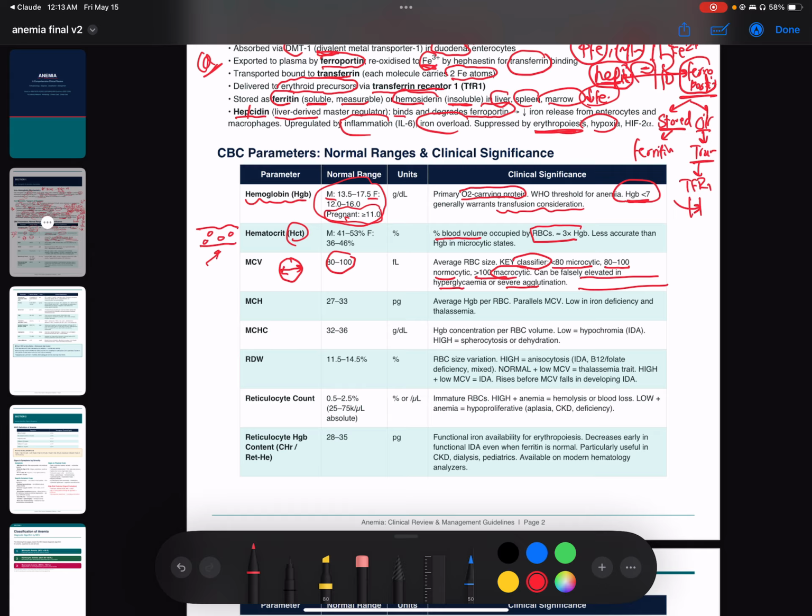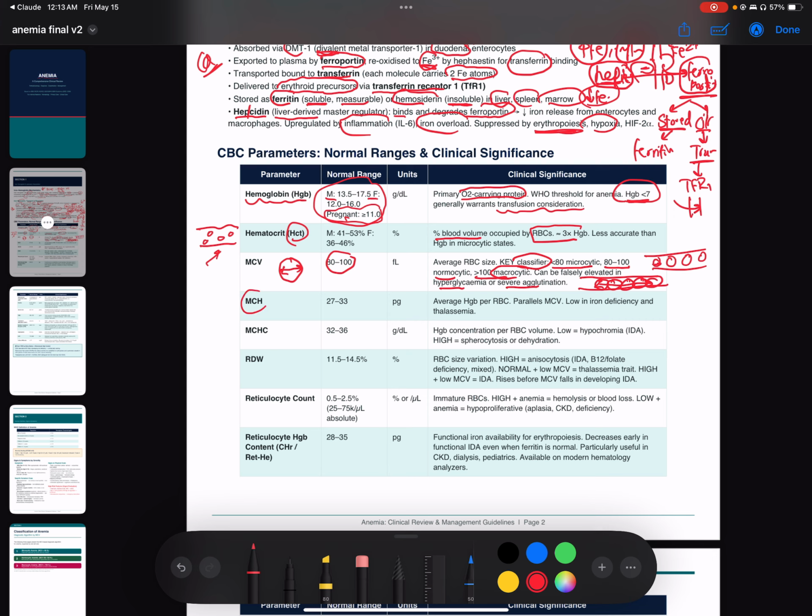So if the blood is thicker, or there are more electrolytes or solutes in the blood, the RBCs will be very close to each other. So it's really hard to know the exact size of each RBC, versus if you have a lot of space in the plasma and you can really identify the actual size of the RBC.